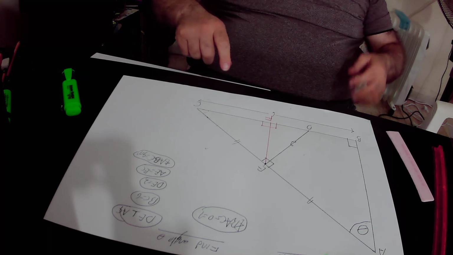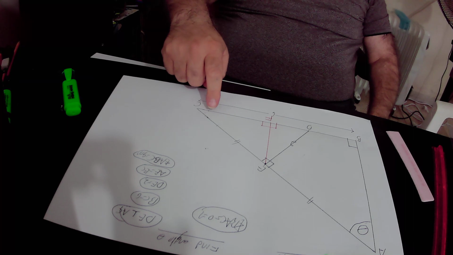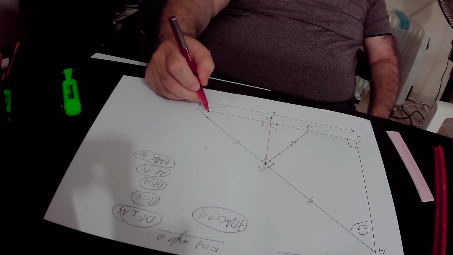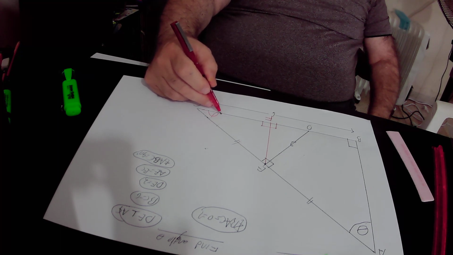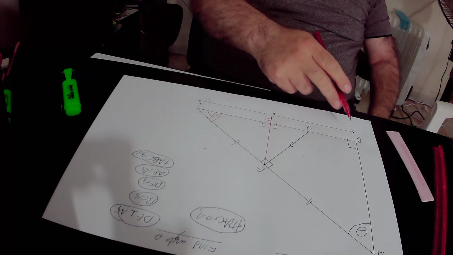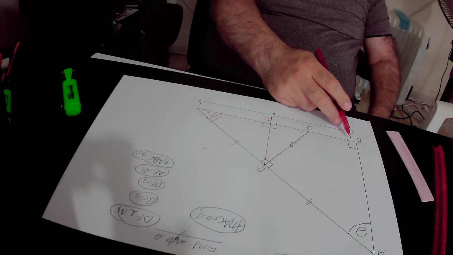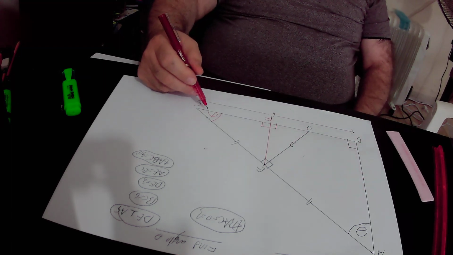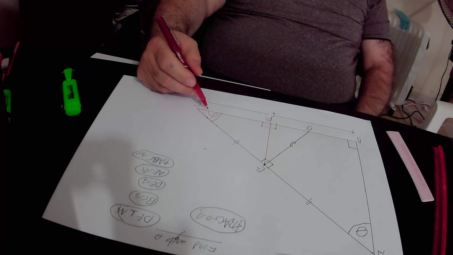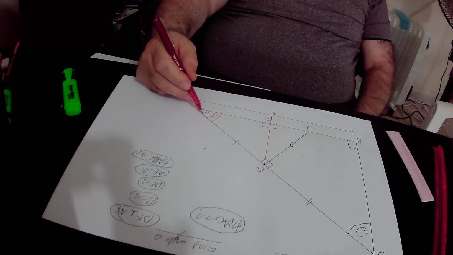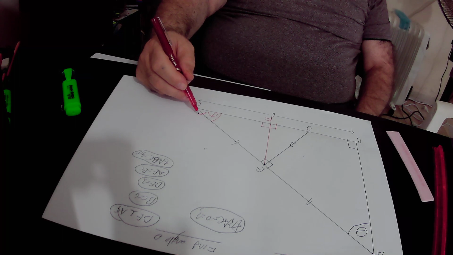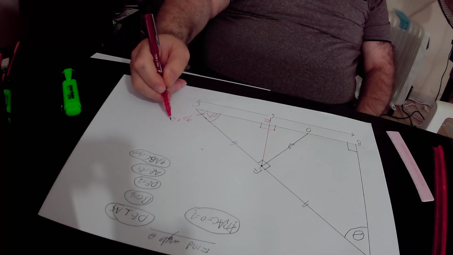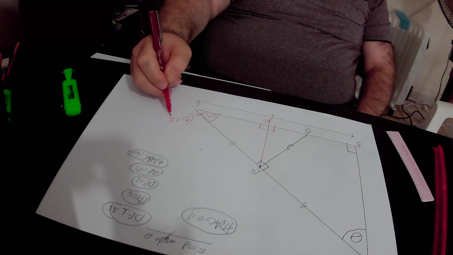In the next step, we will define angle ACB, this angle is angle alpha. In the right triangle, triangle ABC, this angle equals 90 degrees. This angle equals theta, so this angle that we defined as alpha must be equal to 90 degrees minus theta. Why?